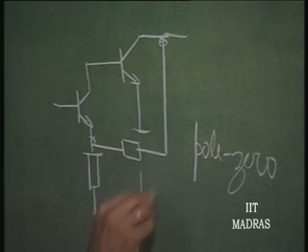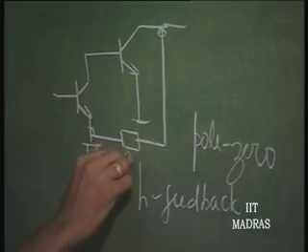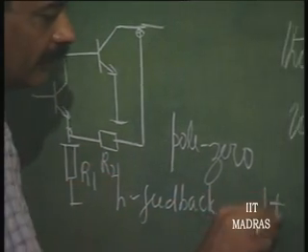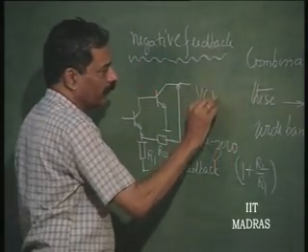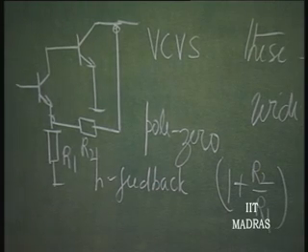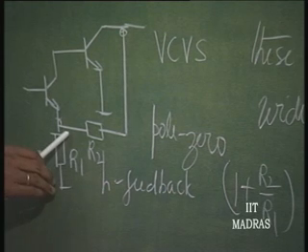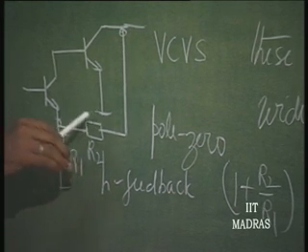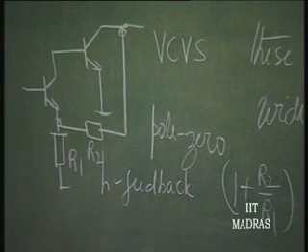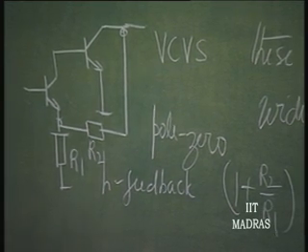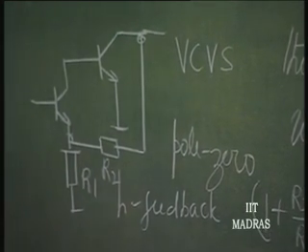If it is H feedback, it results in a wideband amplifier with gain equal to 1 plus R2 over R1, a voltage controlled voltage source wideband, and therefore, we can split this R2 in a suitable manner, R2 dash and R2 double dash, and put a capacitor across one of those, so that we can adopt our pole zero compensation in order to prevent the oscillation. So, this is what is done in the case of wideband amplifier design.